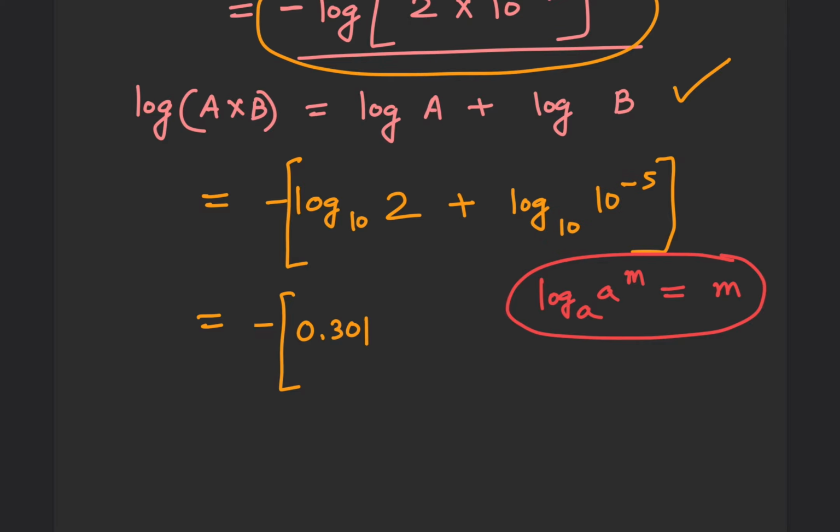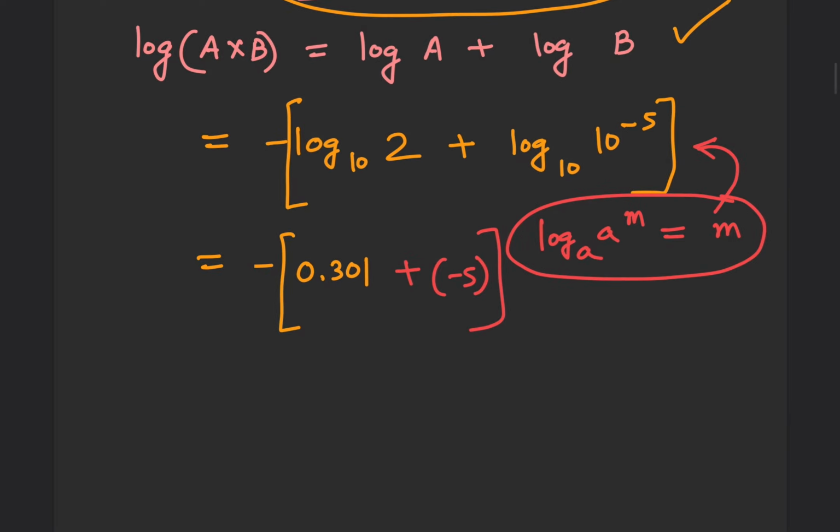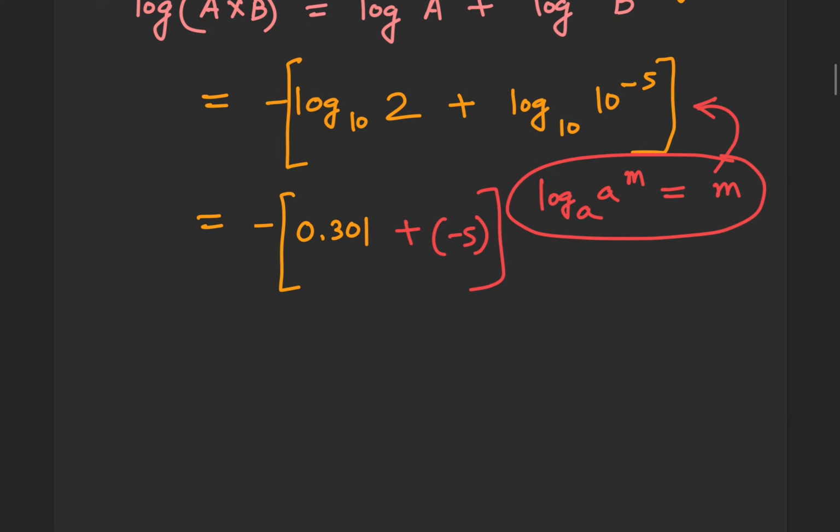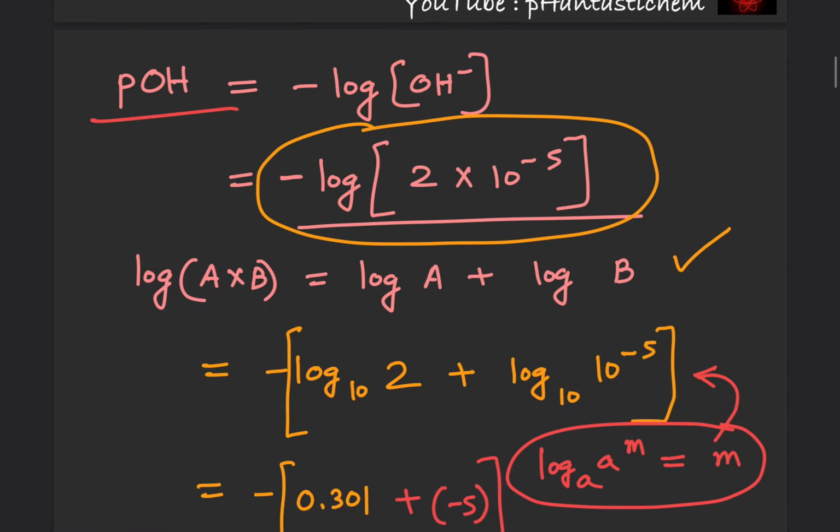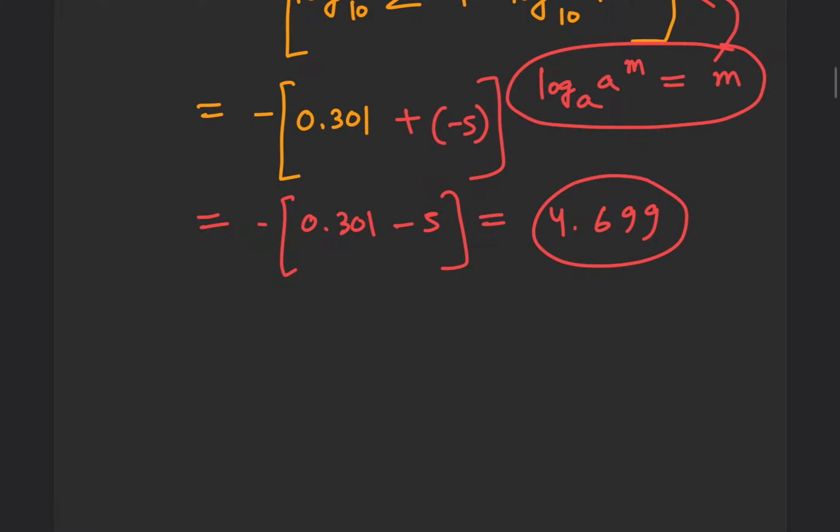So the answer will be minus 5, because of this identity. So therefore, I will have minus of 0.301 minus 5. So therefore, ultimately you will get it as 4.699. Okay, so therefore, the pOH is equal to 4.699.